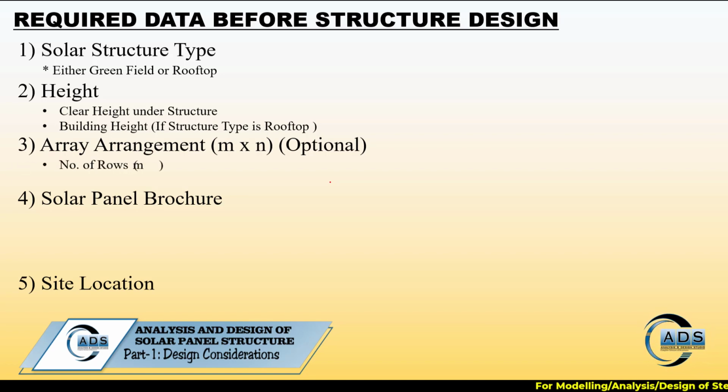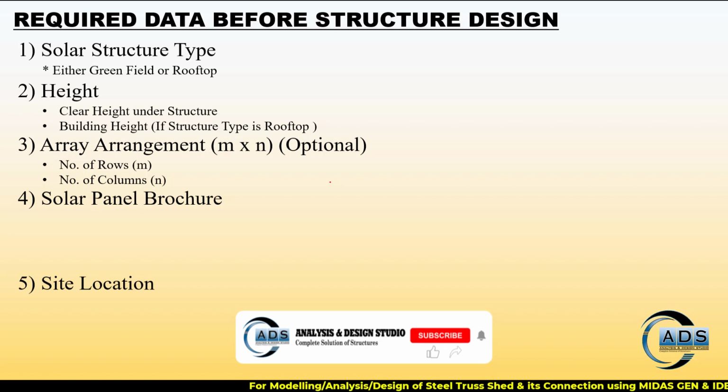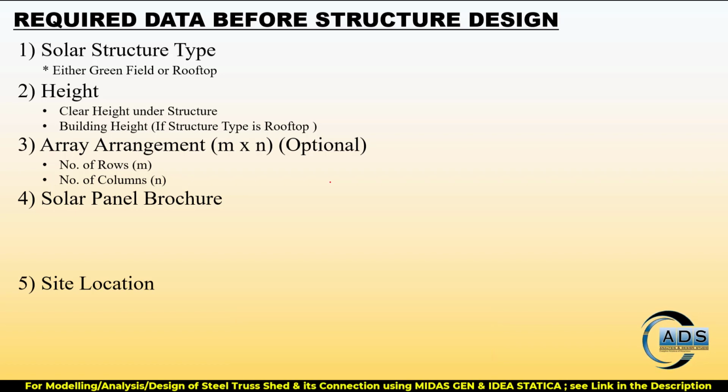Third one is the array arrangement, which means the number of rows of the panels and number of columns of the panels, meaning the total number of panels. First we will have to determine in what array arrangement they should be placed. So number of rows m and number of columns n, m by n.